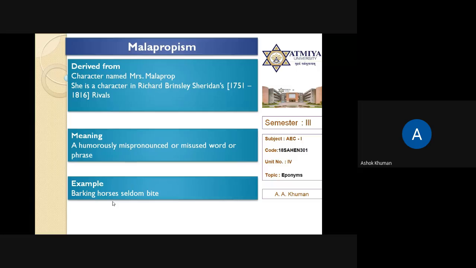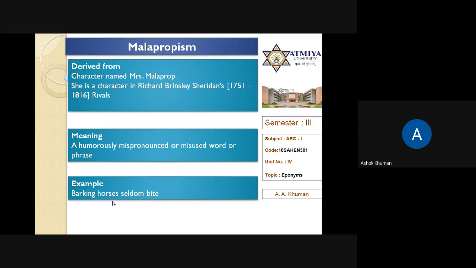Now, Malaprop was a type of character who, in her talk, would deliberately make mistakes. What type of mistake? She would replace some words, she would mispronounce words, in order to create humor. Her intention is to create humor.